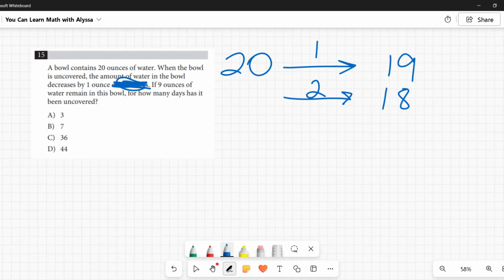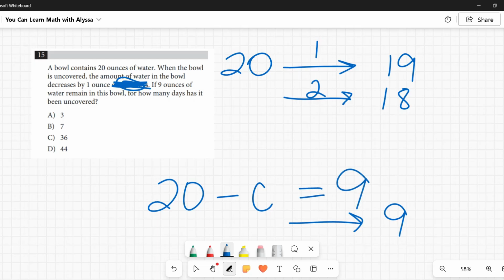So when we get all the way down to 9 ounces remaining, how many cycles have passed? Well, this would be 20 minus the number of cycles. I'm going to just call that C. So 20 minus the number of cycles is going to equal 9, and that's going to be 11.